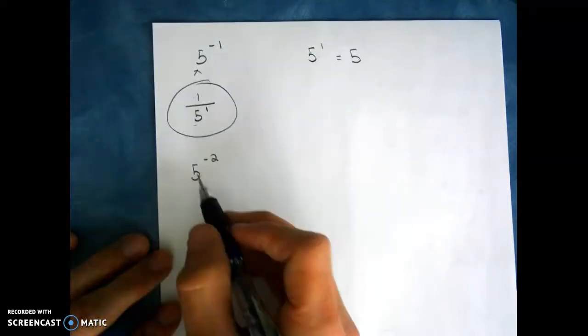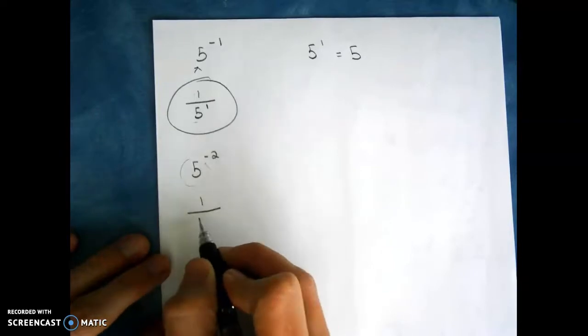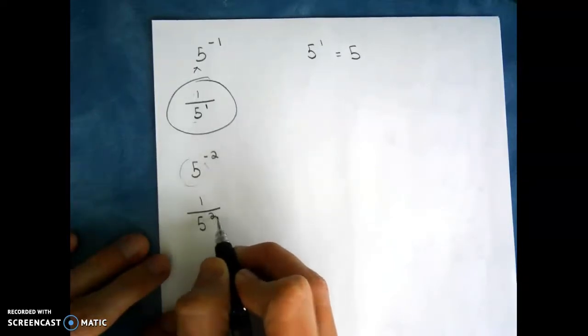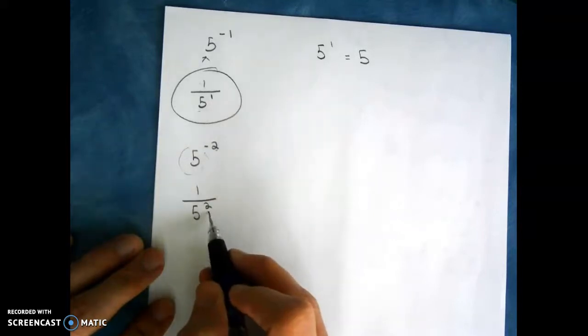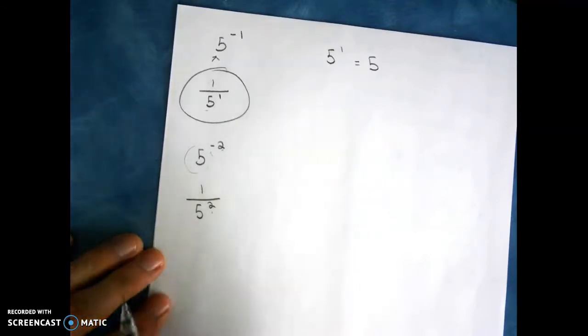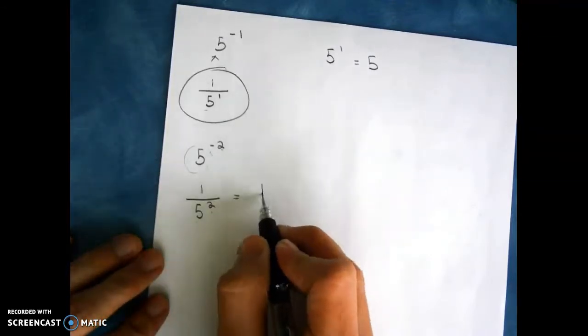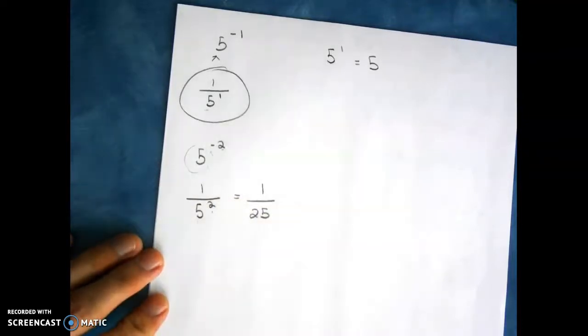Okay, well we know it flips this number. Okay, so then we have 1/5 squared. So when we flip it, we keep the same number, we just now make it positive and not negative. Okay, and then 5 squared is equal to 25. So we have 1/25.